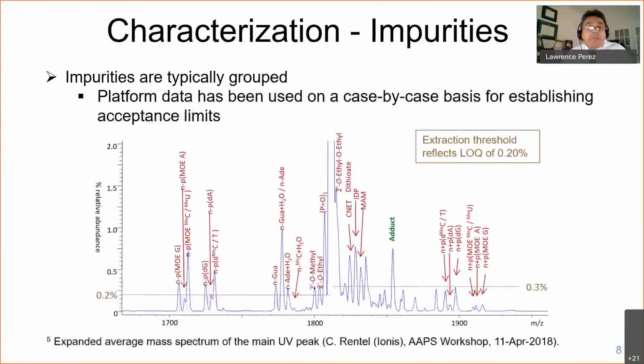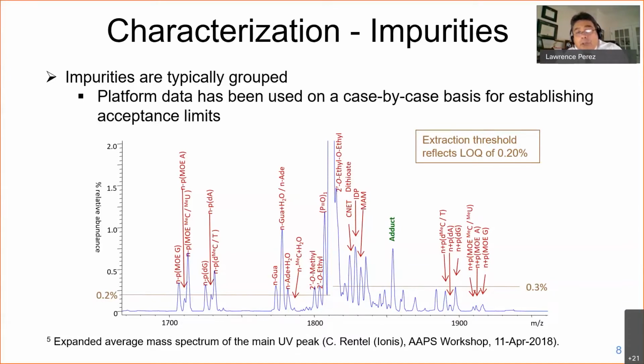And manufacturers today have been able to show that this impurity profile, while they can't remove these impurities, can be identified and characterized, signifying that their manufacturing process is controlled.